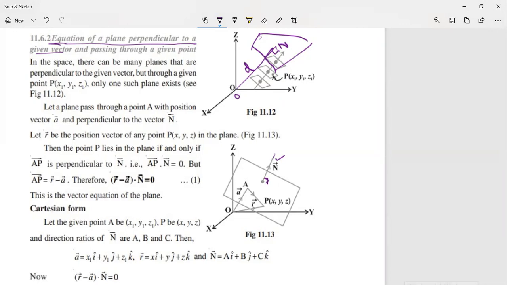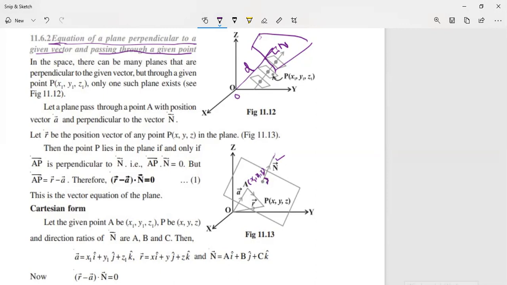This n is different from the previous n, and the plane is passing through a given point, a point whose coordinates are x1, y1 and z1. Okay, understood?